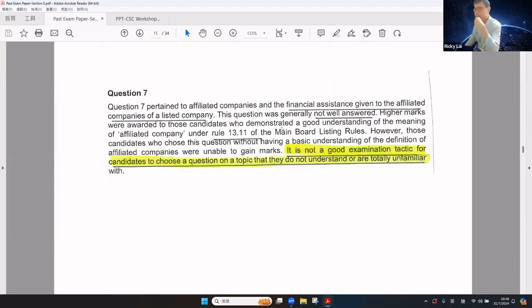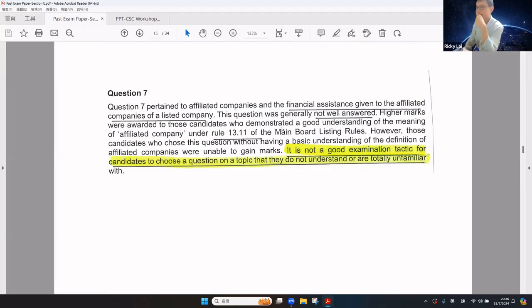Before we look at the suggested answer, please take a look at the examiner's report. This question asks you about affiliate companies and the financial assistance given to the affiliate company of the listed company. And the question was not well answered.